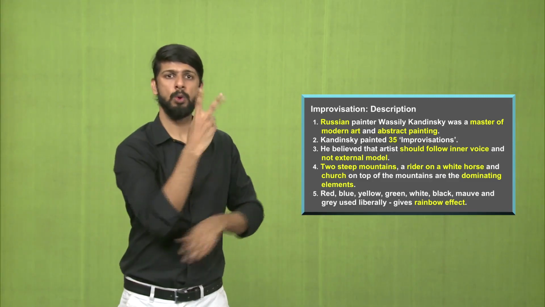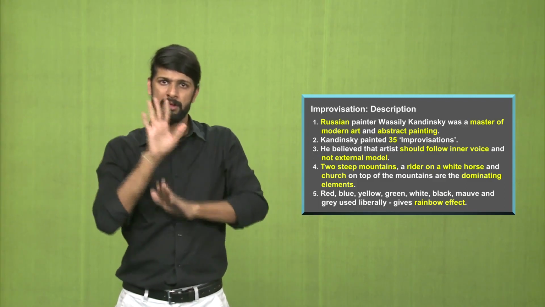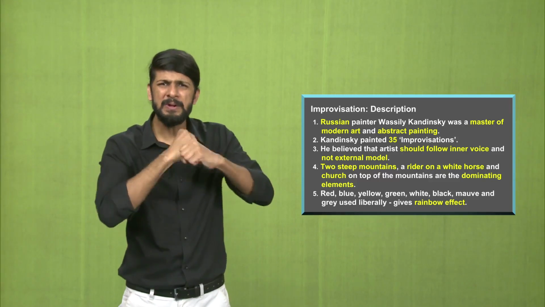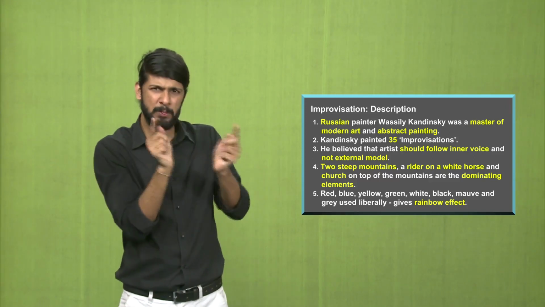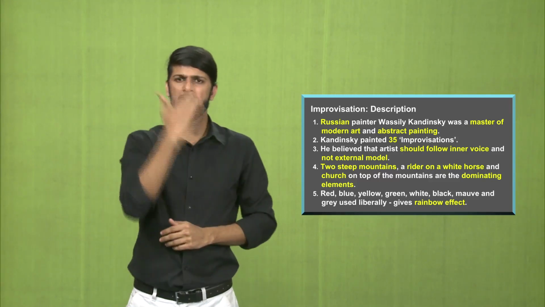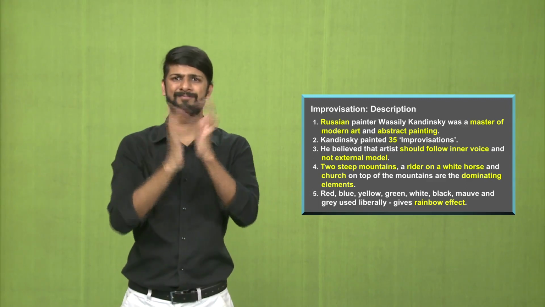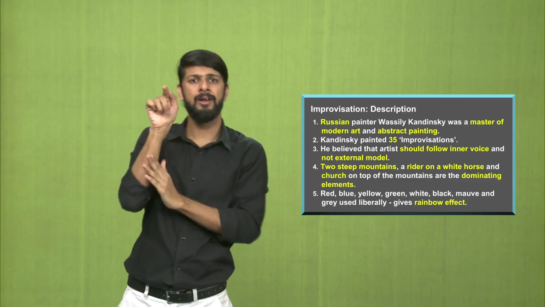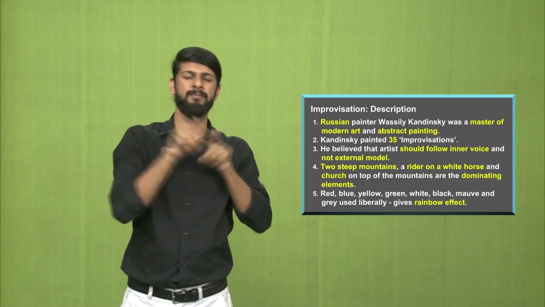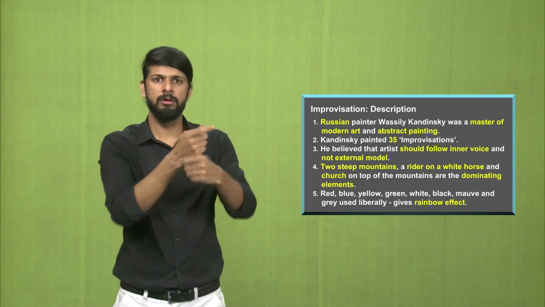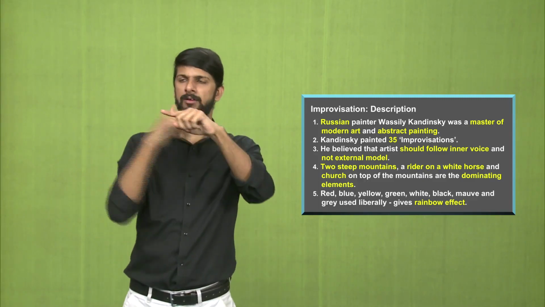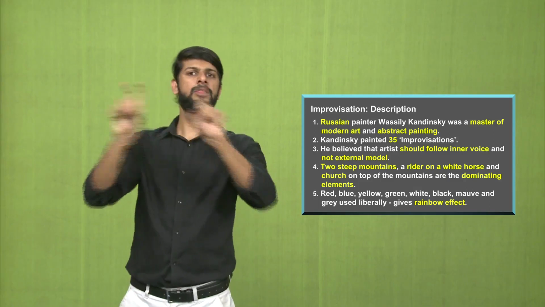The subjects or the dominating elements of this painting are the two steep mountains, a rider on a white horse, and a church on the top of the other mountain. These are the important, dominating elements in this painting.